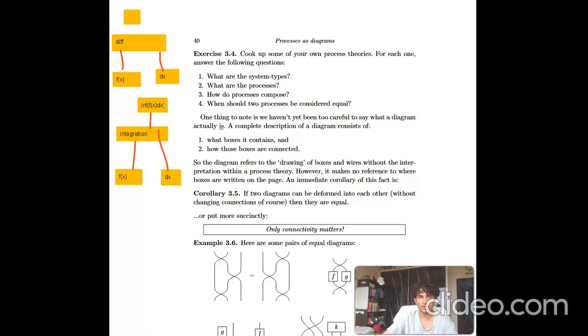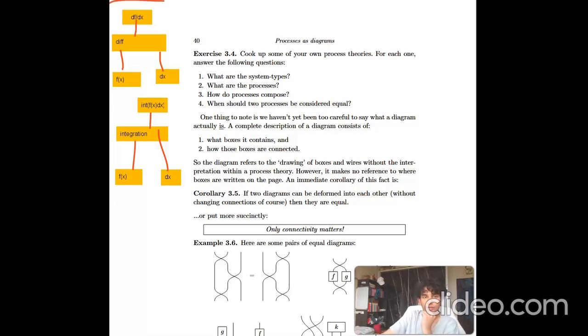And over here we have df by dx as our output. Let's draw it bigger. df by dx.